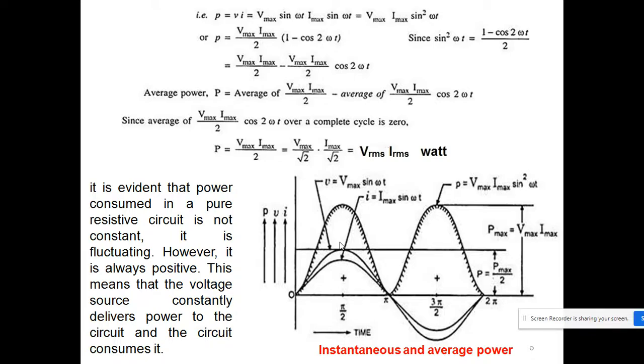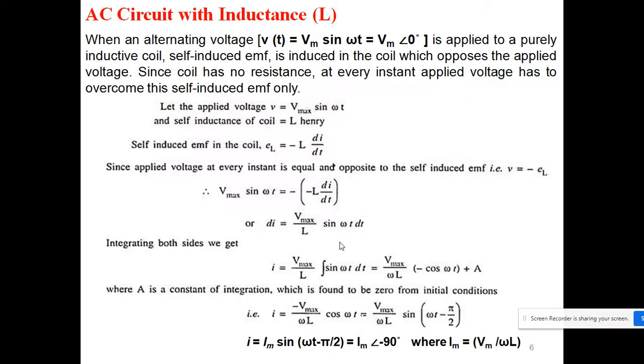Okay. Now we have the AC circuit with inductance. Again, we apply our alternating voltage V equal to Vmax sine omega t to a pure inductive coil.